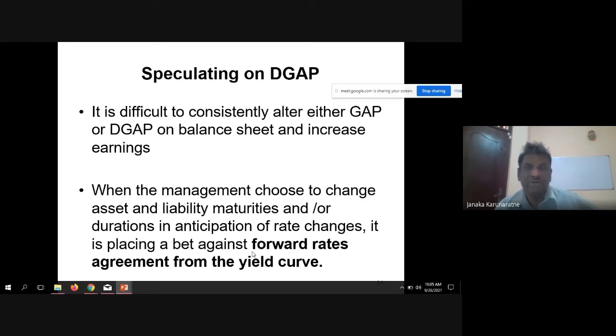Sometimes it may not be 100% accurate, but it's like betting. So you place a bet against the forward rate agreement from the yield curve. So you expect the yield curve will move up or downwards in the future because of these things.